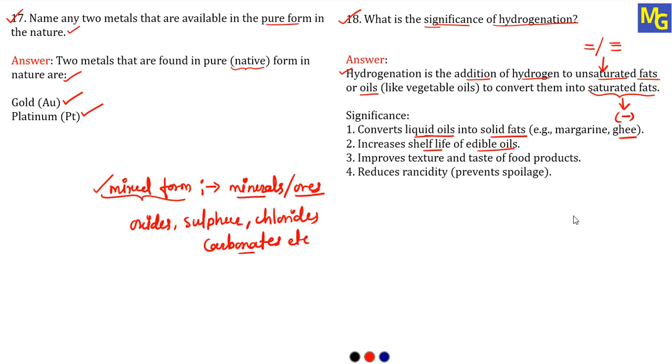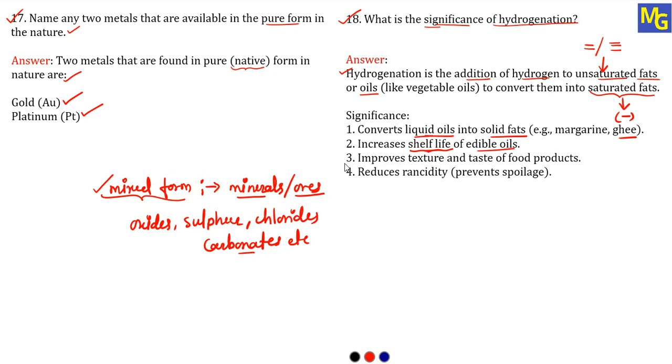So during that period only you have to use that particular product. If it is written 6 months from the manufacture date, then we can use that product till 6 months only. After 6 months, it will get decomposed, it will get damaged. You cannot use that product after 6 months. So to increase that shelf life, we can use this method, because if you increase the shelf life, that product will remain safe for more days.